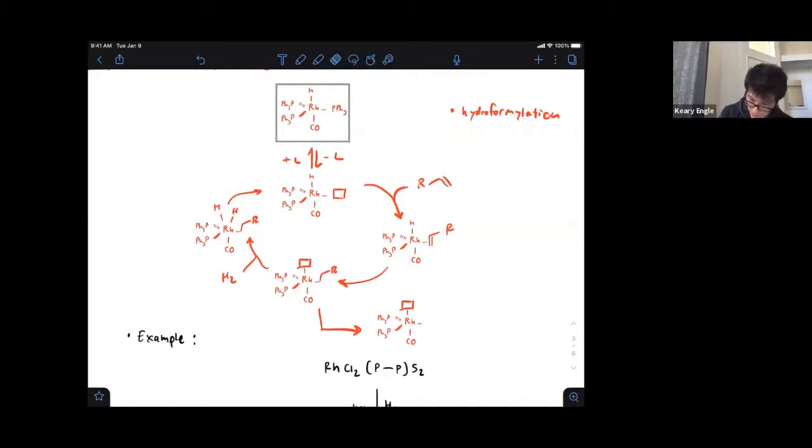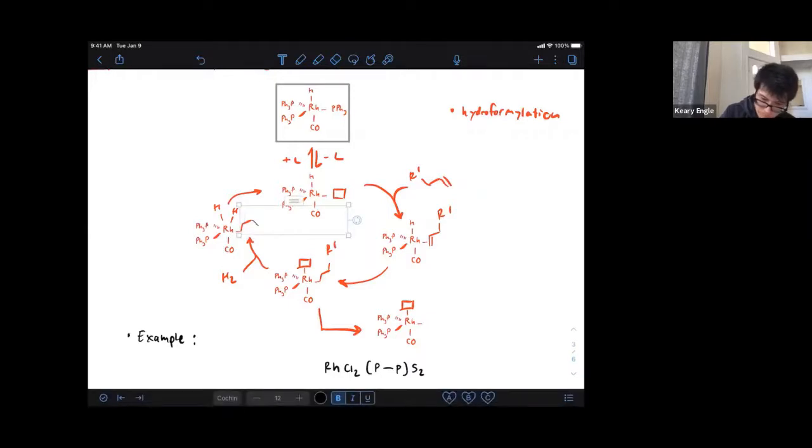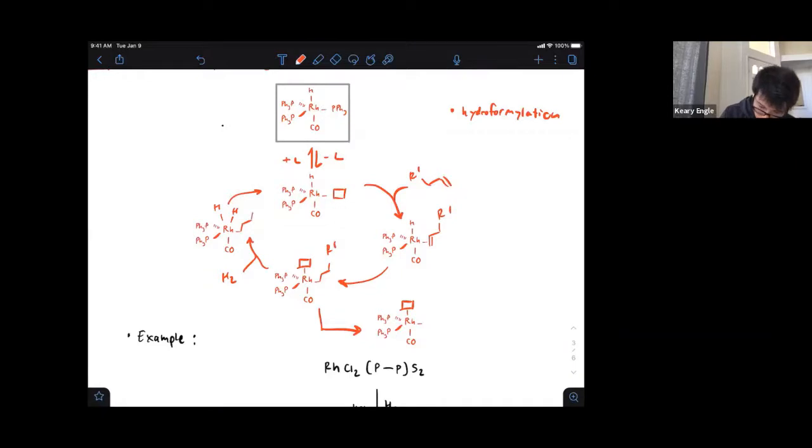So maybe just for clarity, I'll redraw this just so that I don't confuse everybody. So I think Fang rightly pointed out that now you can get isomerization.